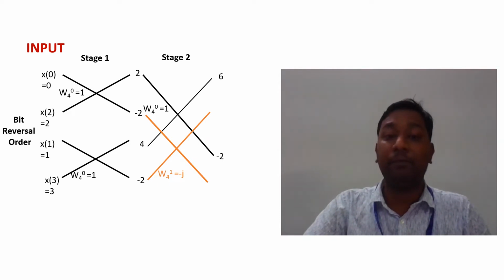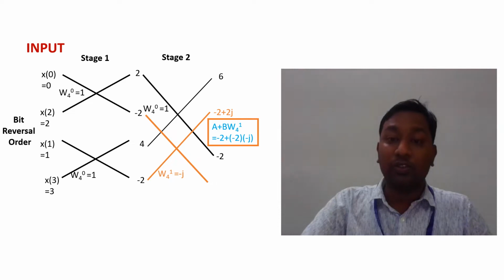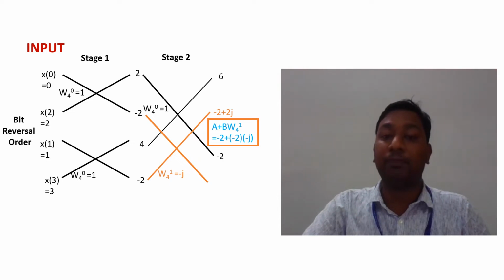So a plus b omega 4 to the power 1, with a equal to minus 2, b equal to minus 2, and omega 4 to the power 1 equal to minus j. The answer is minus 2 plus minus 2 into minus j, that means plus 2j. So minus 2 plus 2j.